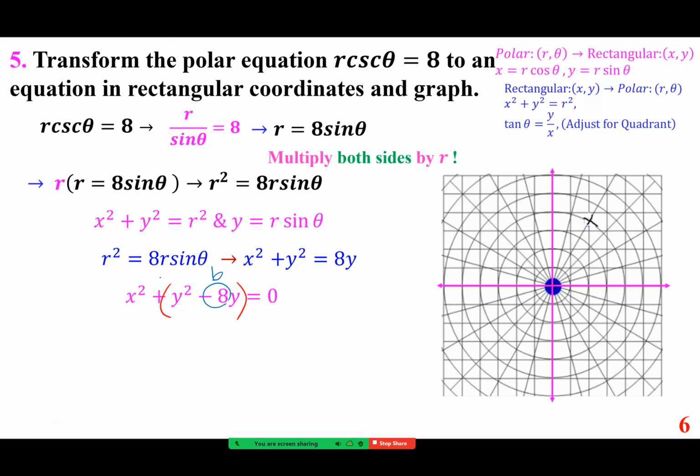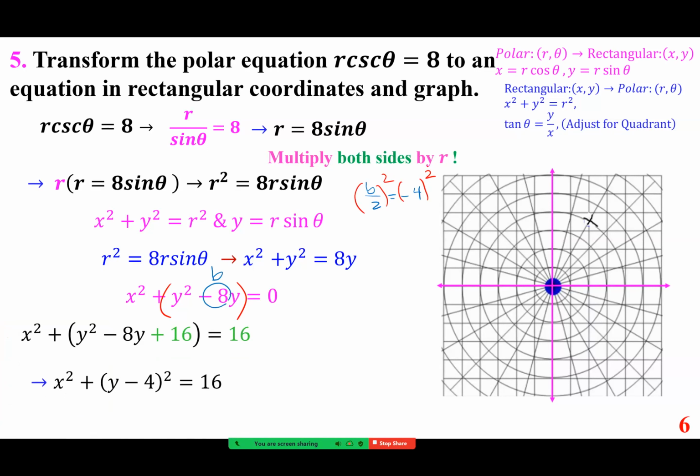This is b. You divide b by 2, you get minus 4. You square it, you get positive 16. So to complete the square, we add the 16 to both sides, and we end up with the following, which means it's a circle which has a center at 0, positive 4, with the radius square root of 16 or 4.